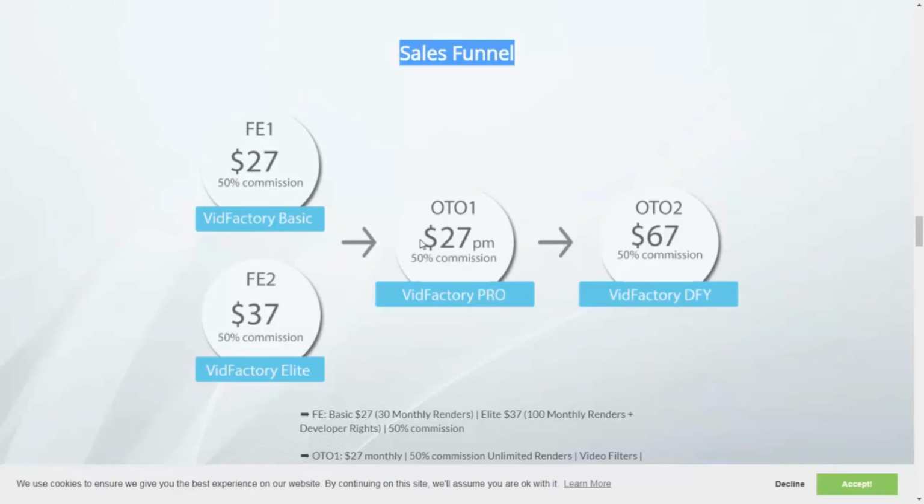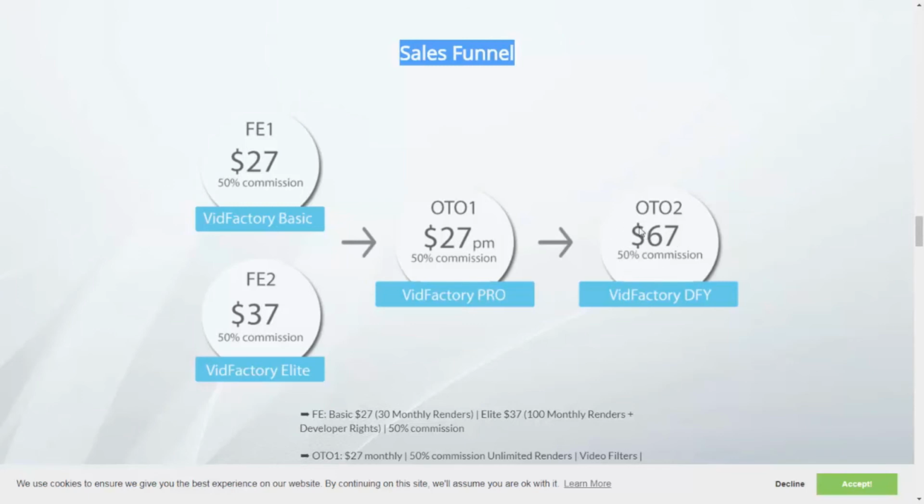This is another offer, another product, and that product price is $27. You do not need to do anything for selling this one-time offer. The vendor will arrange everything, and if your customer purchases that product, you will get an extra 50% commission. And if they purchase that, then the vendor will offer another product which is priced at $67.